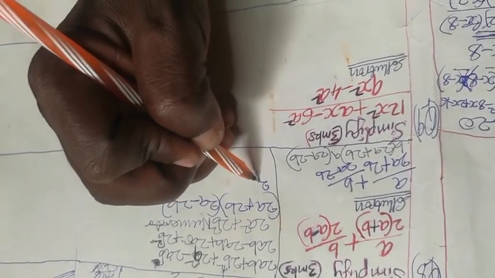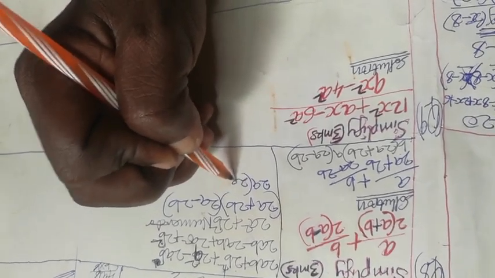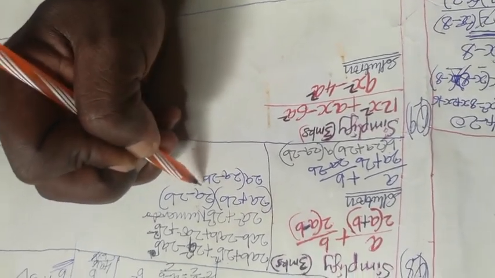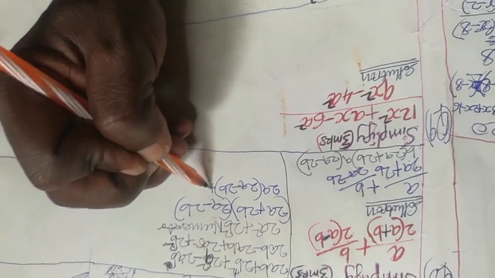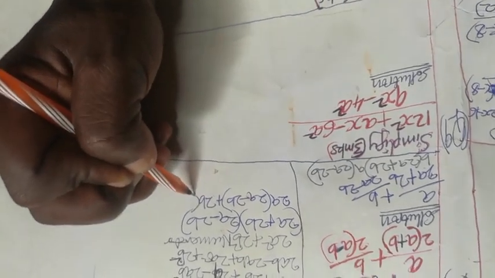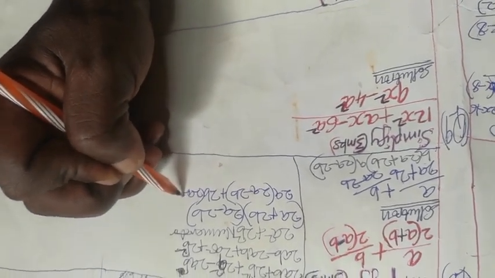Here we say 2a into brackets 2a minus 2b plus 2b into brackets 2a minus 2b.